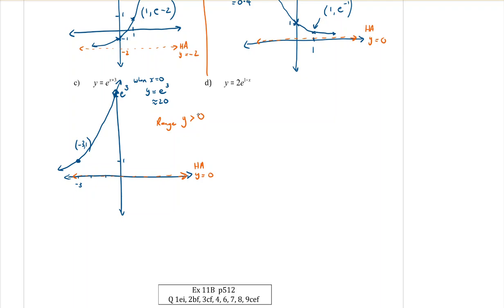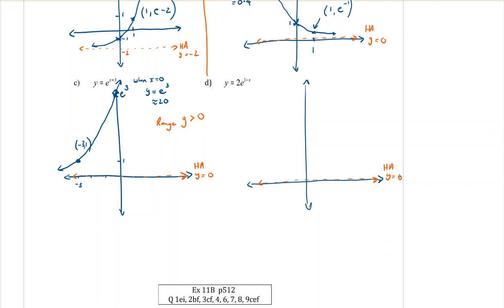But because there's also a minus in front of that x, it is going to reflect it across the axes as well. So we have a lot of things happening here. The asymptote, however, has not been moved. So at least one thing stays the same. So let's start with that asymptote right here. Horizontal asymptote at y equals 0.